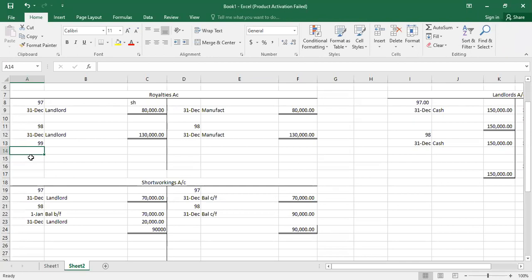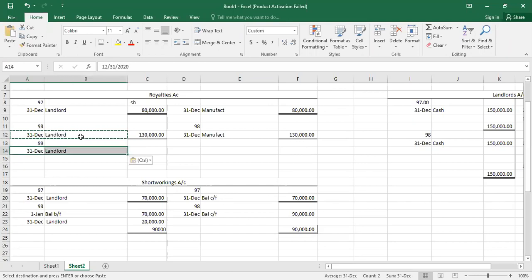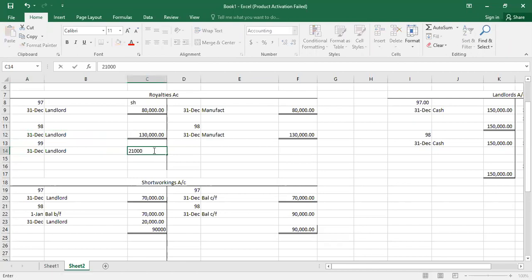As at the end of the year, we are supposed to debit the royalties account with the amount that we were able to get as output for that particular period, which is 10. With the table, it's easier. To 10.